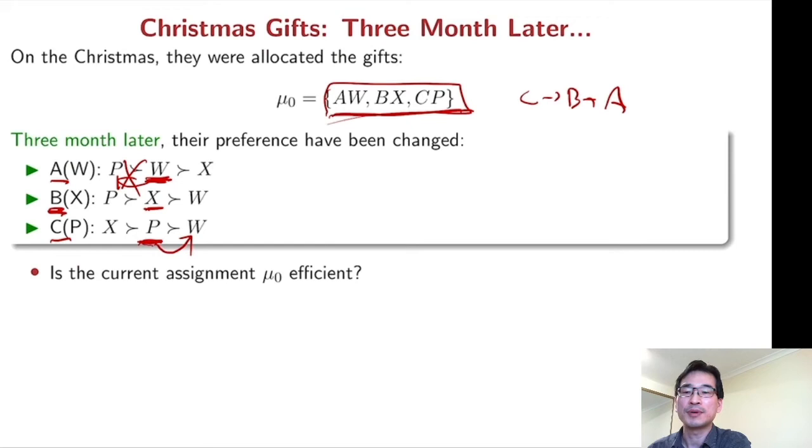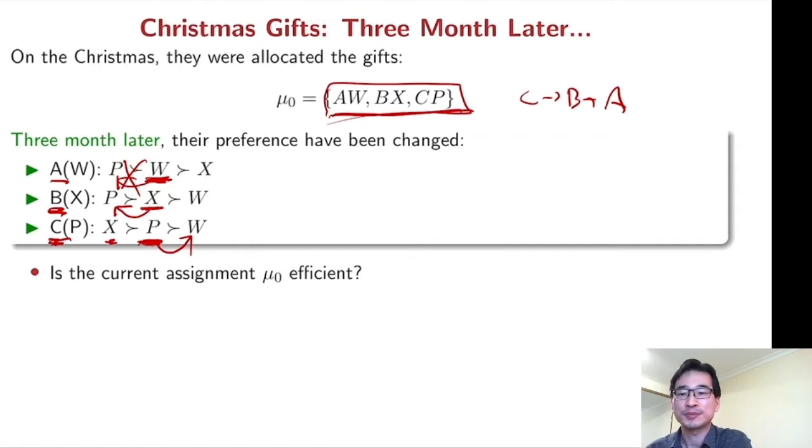But Bob can be better off by taking P, and P belongs to C, and C prefers X, so they can find a blocking pair in which both players can be better off by switching the gift.